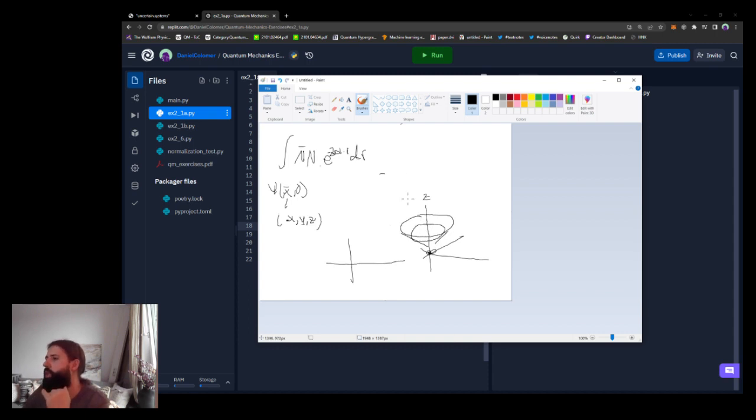So you don't really need to specify the function with a complicated x, y, z expression. You can specify it as a function of this distance.